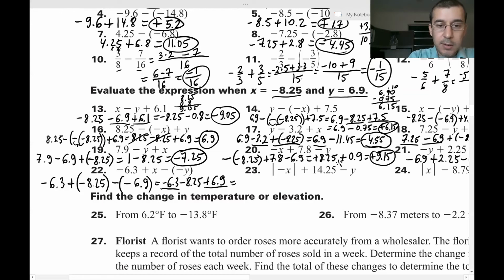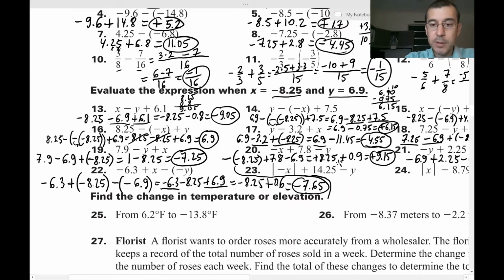So let's write this one down first, minus 8.25, and then 6.9 we said is greater than 6.3, so plus, and then 6.9 minus 6.3 is 0.6. 8 is obviously greater than 0, so the sign will be minus, and then 8.25 minus 0.6 is 7.65, right? And then you can add up these two numbers just to verify. So this is 8.25. Yes, so this is correct. So that was the answer to 22.